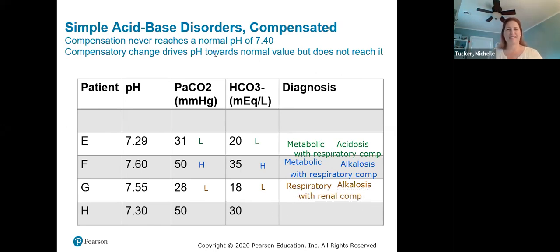And moving on to the last one, 7.3 is acidosis or alkalosis. Yep. And then 50 is high or low. And 30 is high or low.